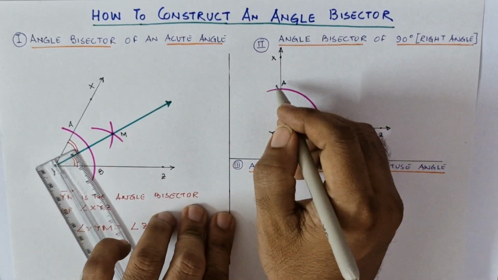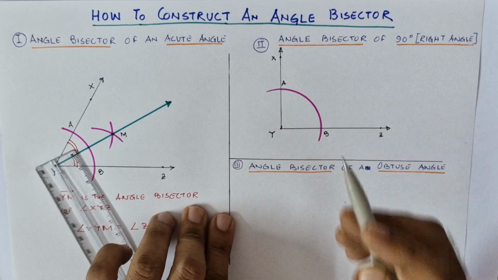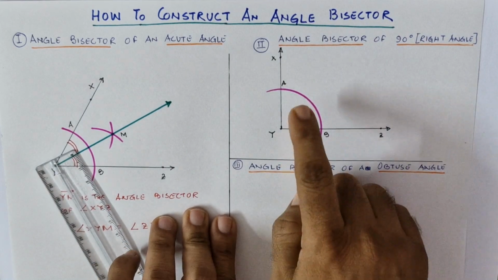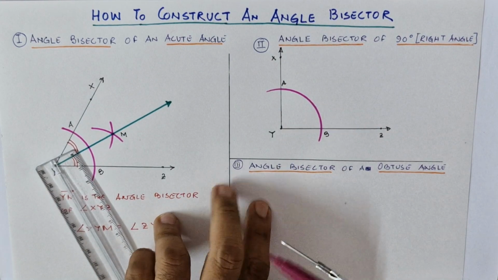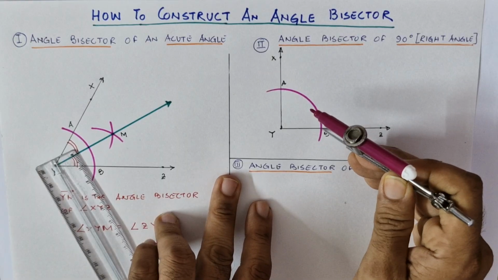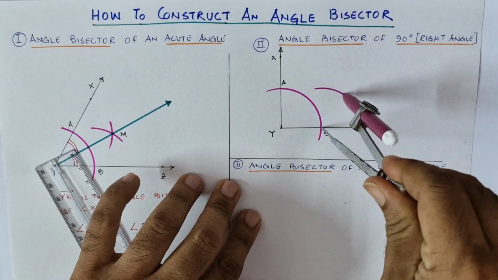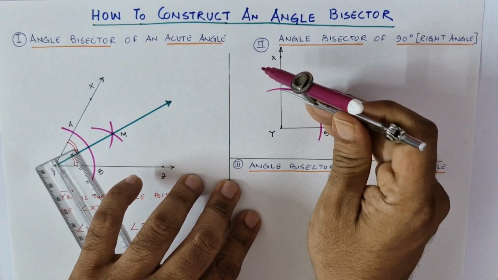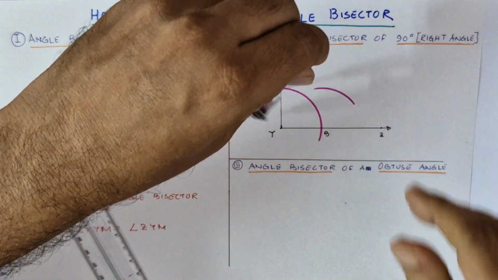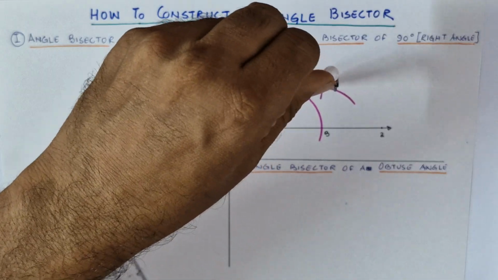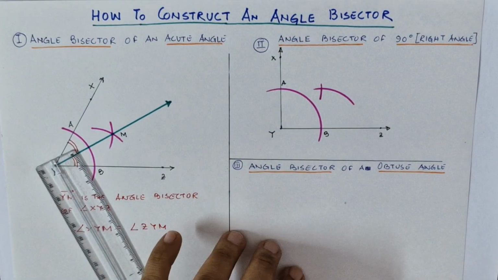Sorry, students, write A here. Okay? Now, what should we do? Taking B as center, draw an arc here, and with A as center, cut the previous arc at M. Got it?